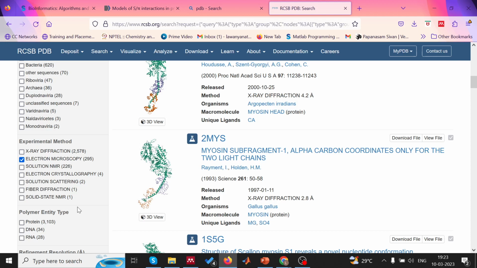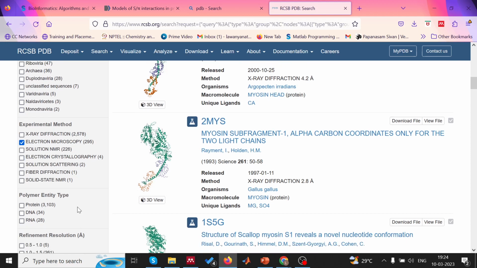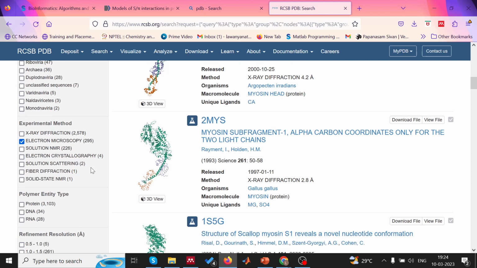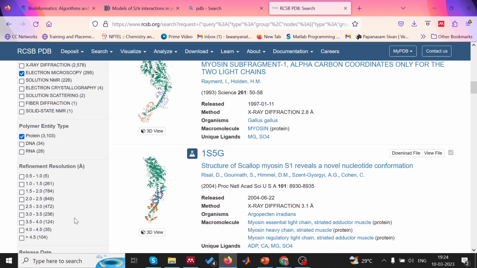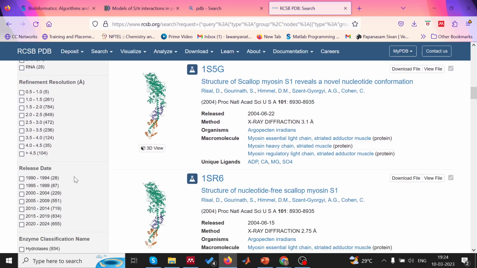But of course, with NMR you cannot technically talk about sharpness there. It's more of how the residuals are moving, dispersion, everything. But let's look into electron microscopy because it's more interesting. Of course, we're going to go for protein. I'm going to go for say 2 to 2.5 angstrom.